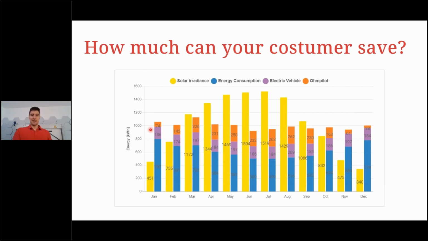The electric vehicle needs the amount of kilowatt hours in violet, and the one for heating up your water, you see in the orange color. And you can see that from March until September, so half a year, the PV system is producing more energy than actually is needed.